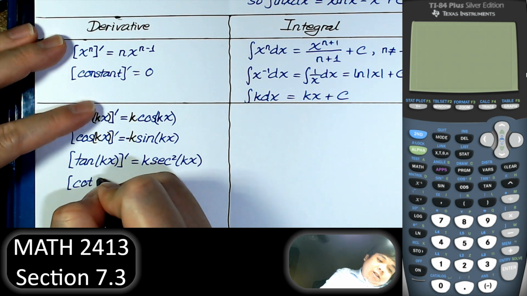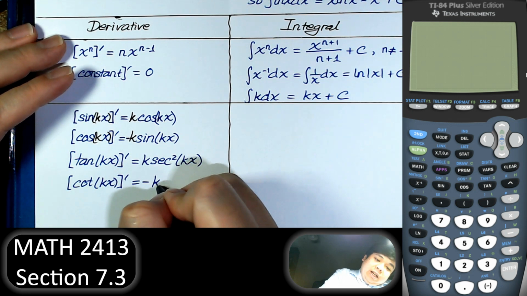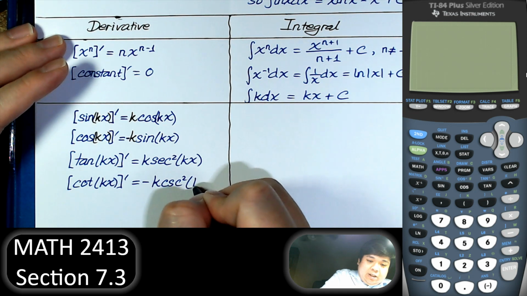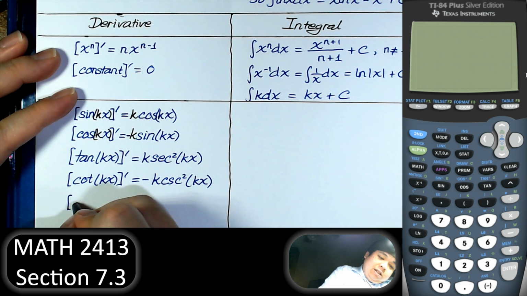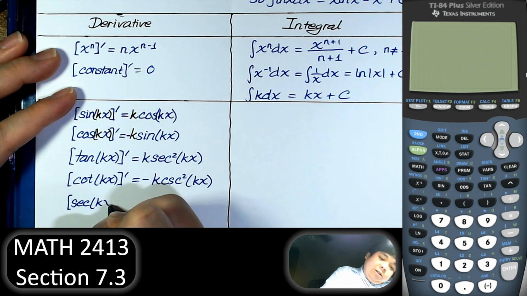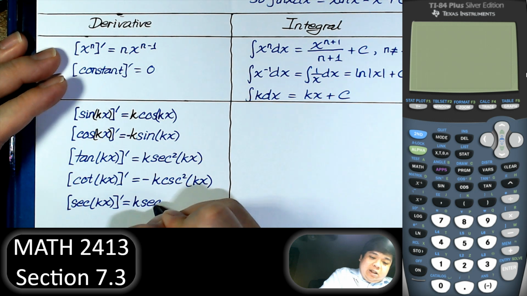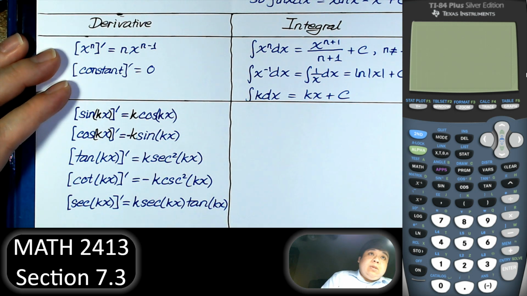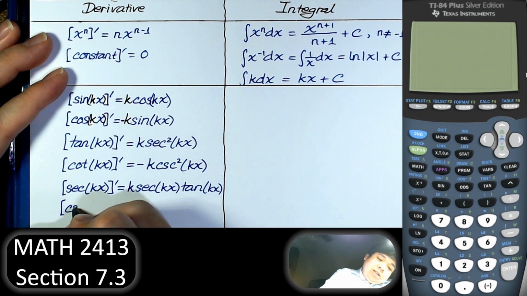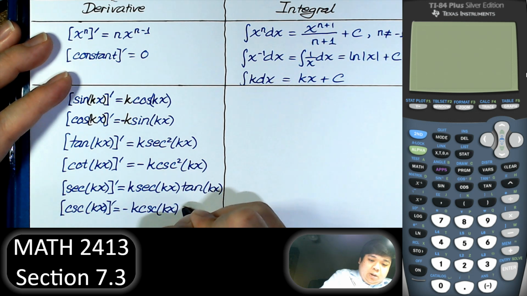Cotangent, negative k cosecant squared. Secant is k secant tangent, and then cosecant, negative k cosecant cotangent.